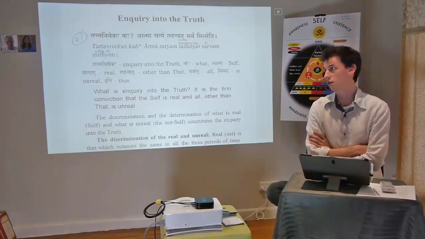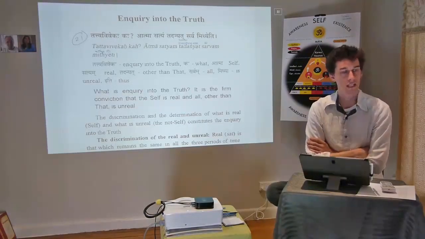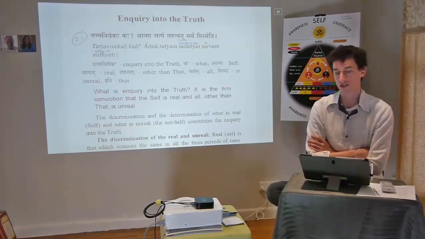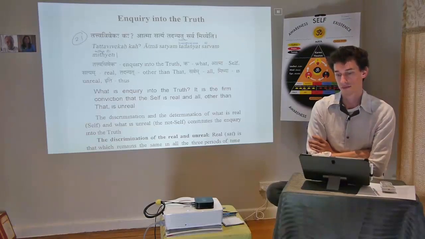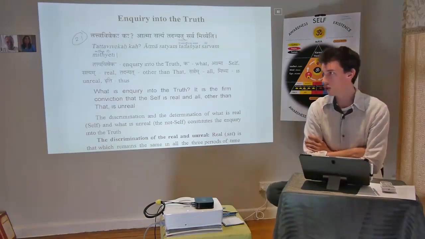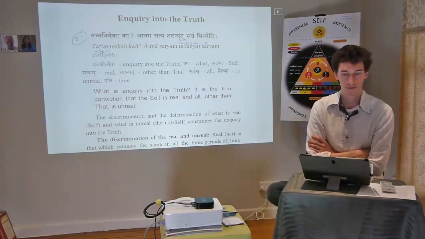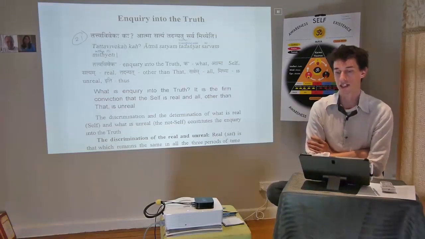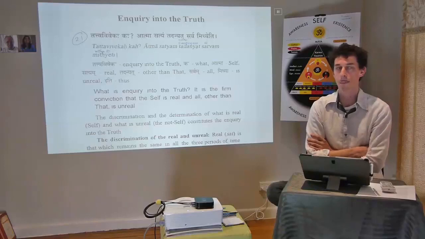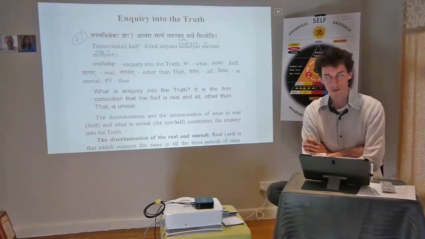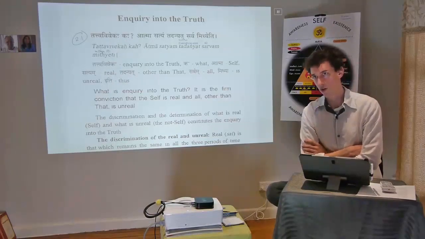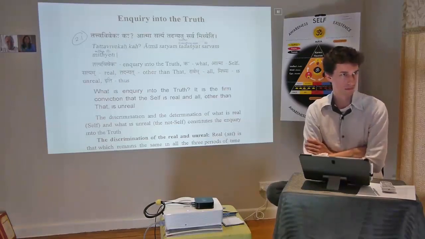Now, satya, let's talk about the rope. Satya: that which is not seen in ignorance and which is seen in knowledge. When I was ignorant of the rope, I did not see the rope while I was ignorant of it.